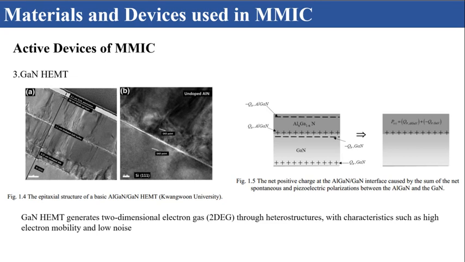The electrons have a tendency to accumulate in the lowest potential region, known as the quantum well, located directly below the aluminum gallium nitride interface. This forms a layer of electrons forming two-dimensional electron gas.